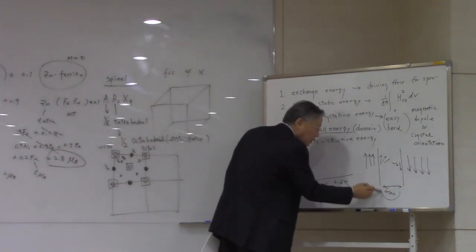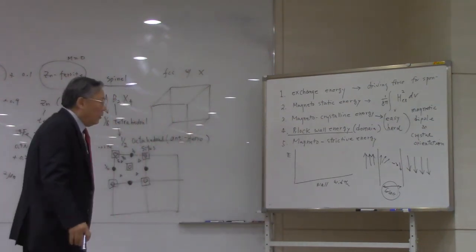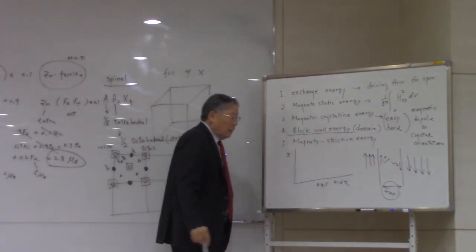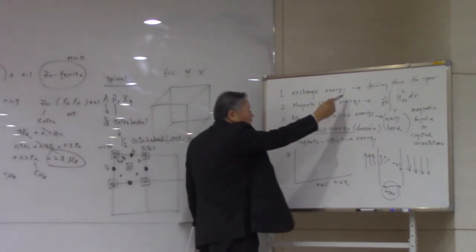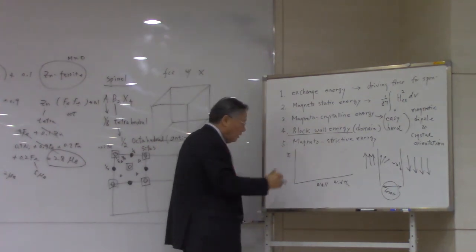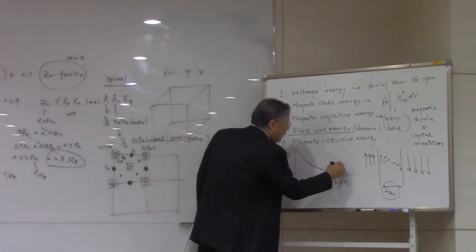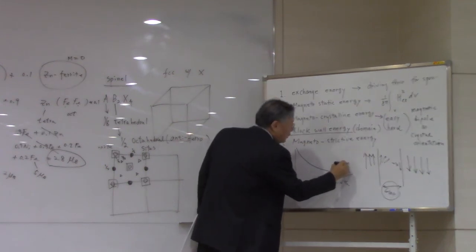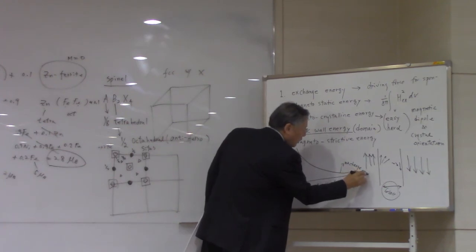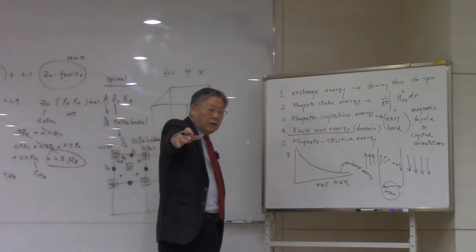So the exchange energy related with the domain wall is going to decrease exponentially as the domain wall becomes big.